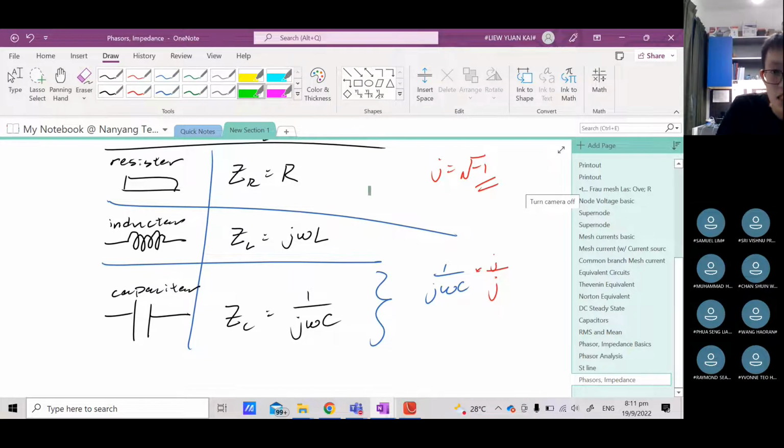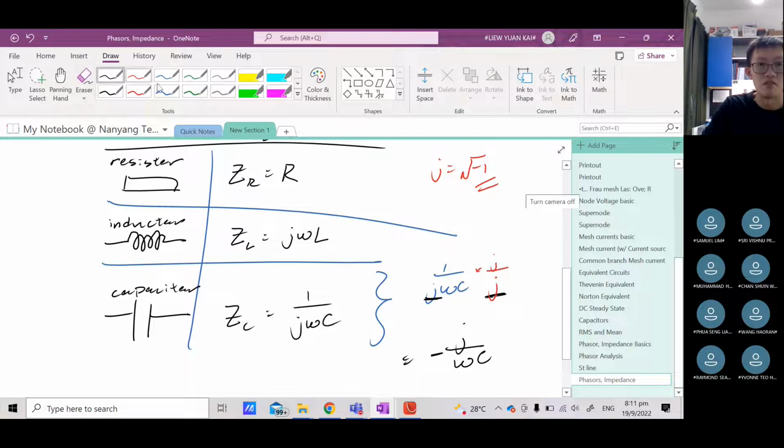J times J is -1, because the root of -1 times the root of -1 is just -1. So this times this gives me a negative on the outside, and then 1 times J is just J.